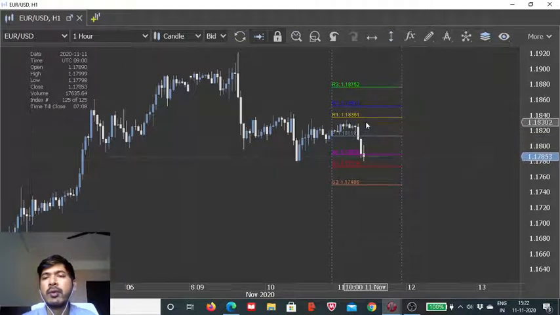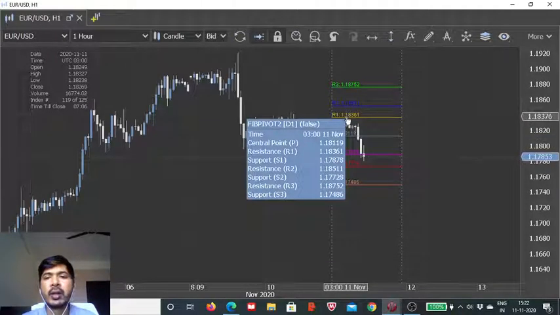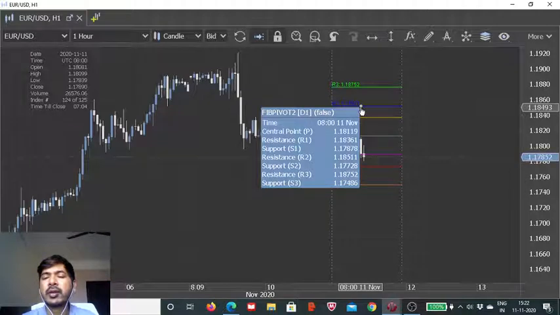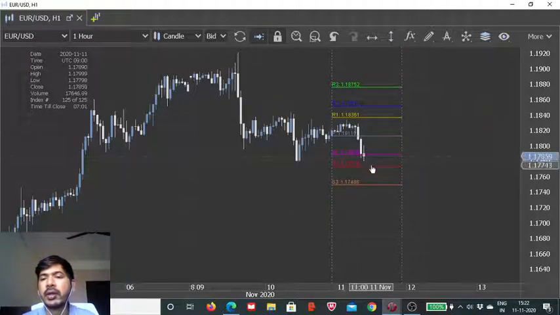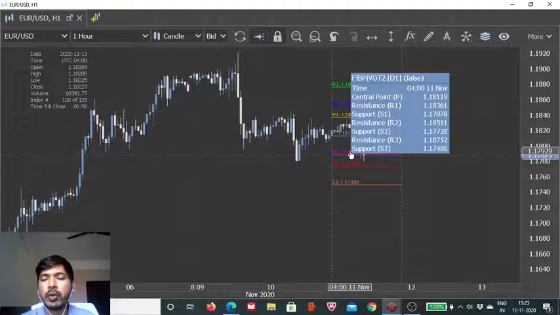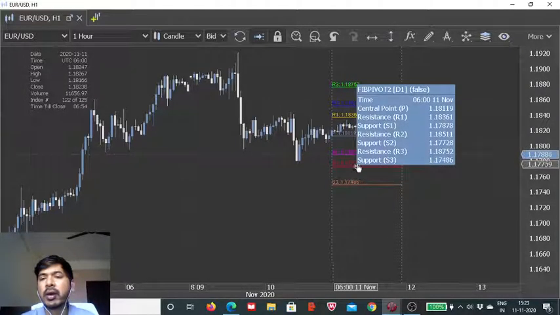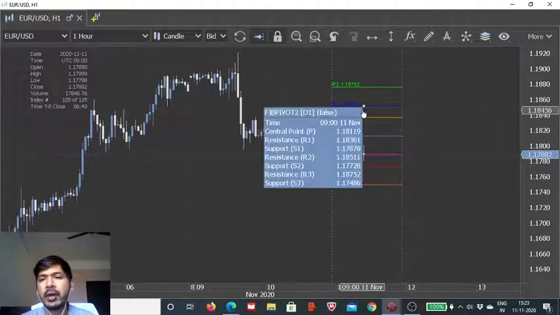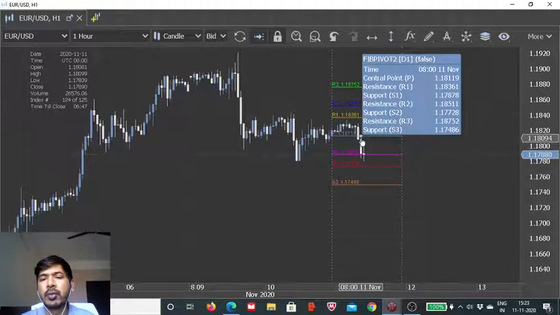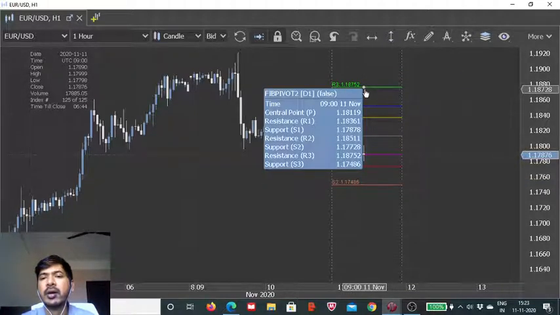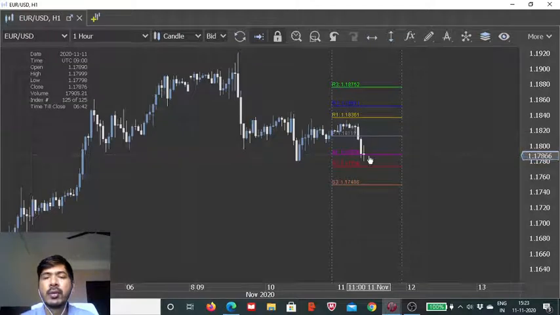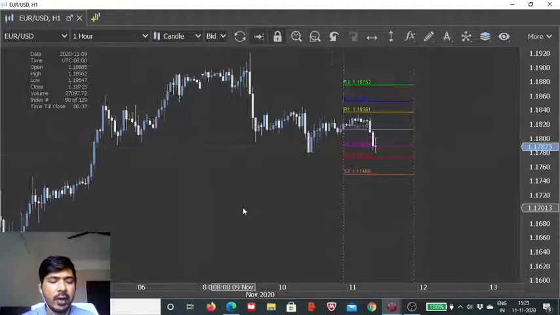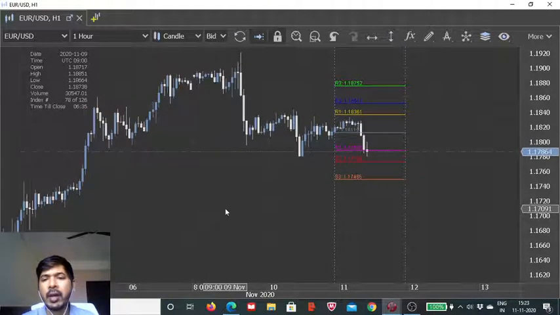Usually we use these time frames and these resistance and support levels to figure out the entries, and my personal belief is that the first support and the second support are not really considered very strong on the daily time frame, and generally we use this central pivot point and then the third support and the third resistance level.